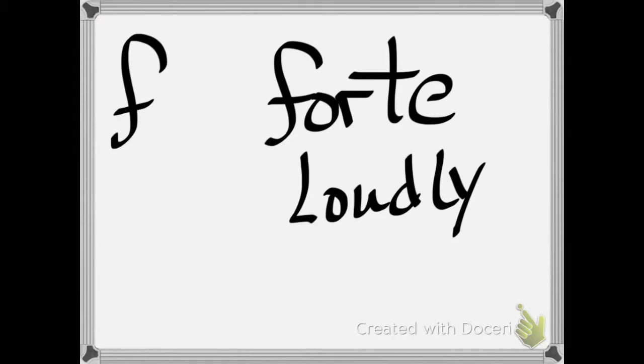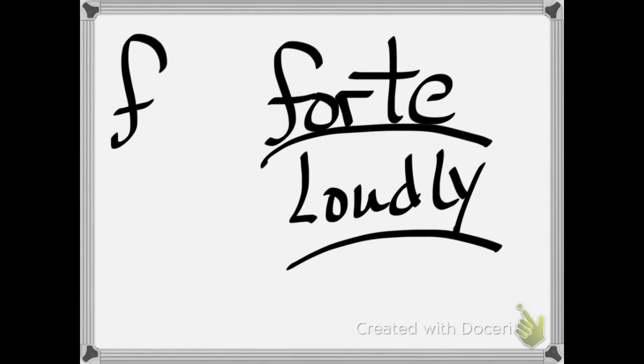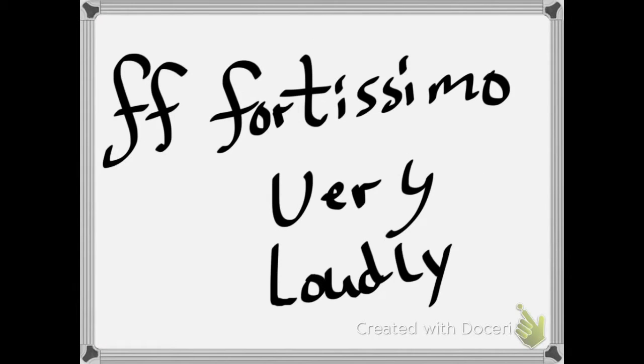Next will be F. If you see F written under a piece of music, that F stands for forte, and forte in music means to play loudly. Our last dynamic that we're going to include in this video is FF. FF stands for fortissimo, which means to play very loudly.